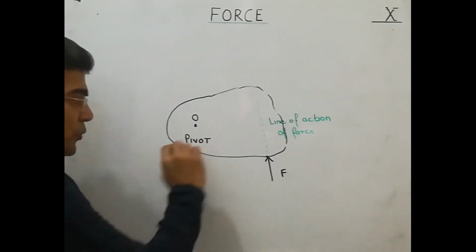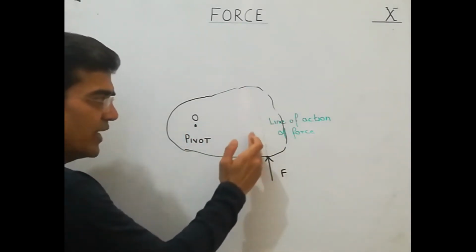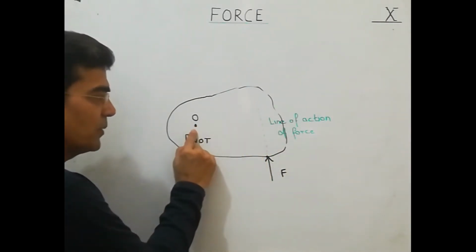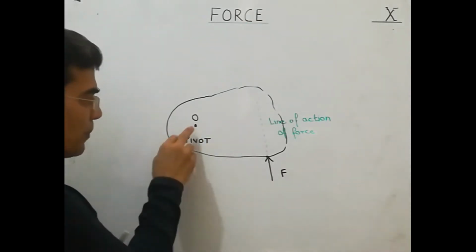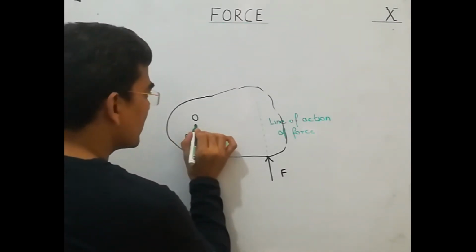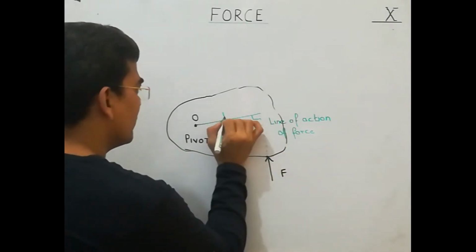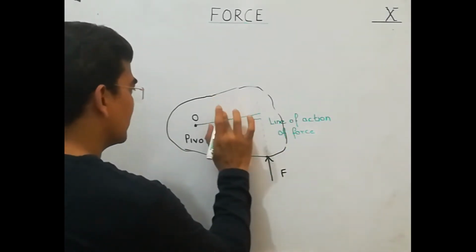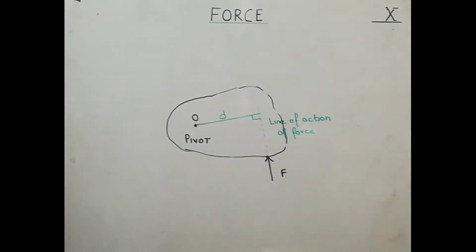And now you will calculate the perpendicular distance of this line of action of force from the point about which the body is rotating. Let it be named as D, the perpendicular distance.